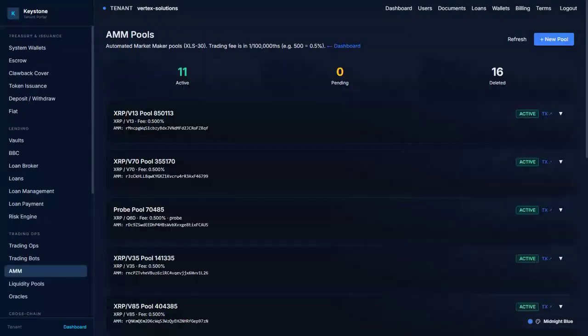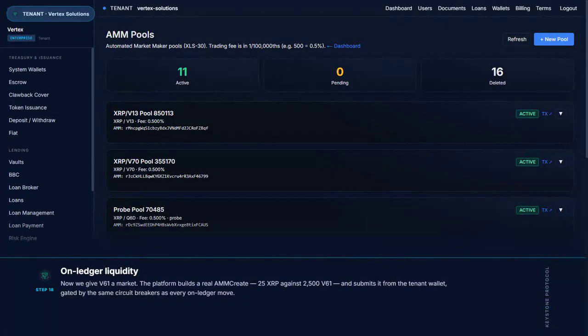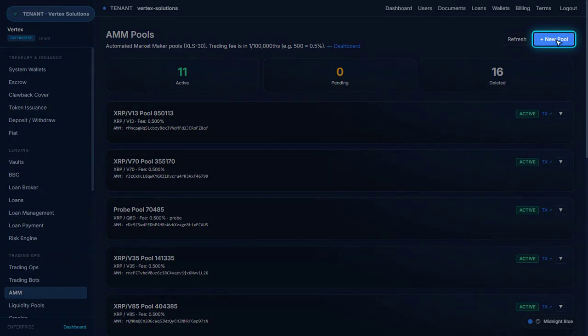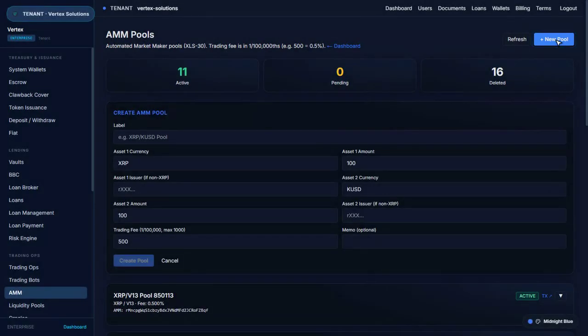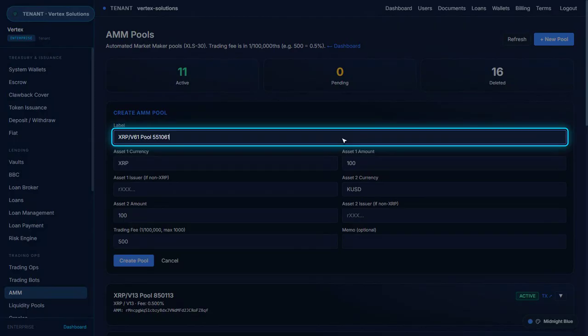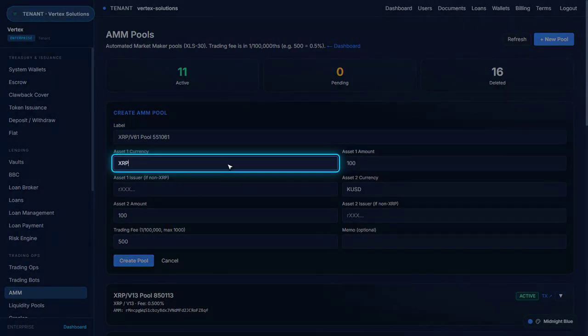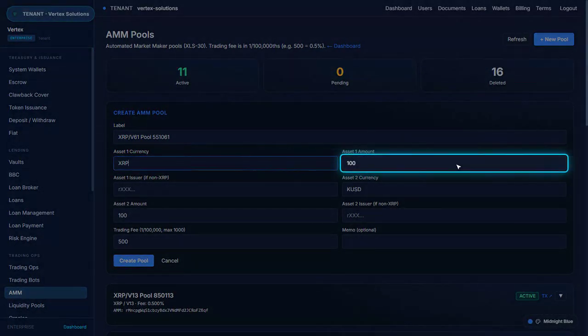Bootstrapping an XRP VER61 pool on ledger liquidity. Now we give VER61 a market. The platform builds a real AMM create, 25 XRP against 2,500 VER61, and submits it from the tenant wallet, gated by the same circuit breakers as every on-ledger move.